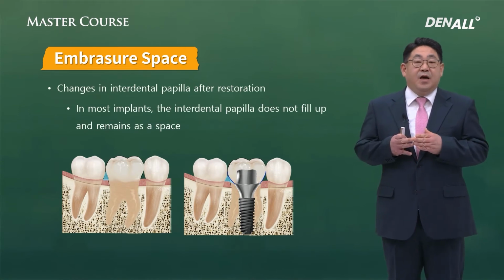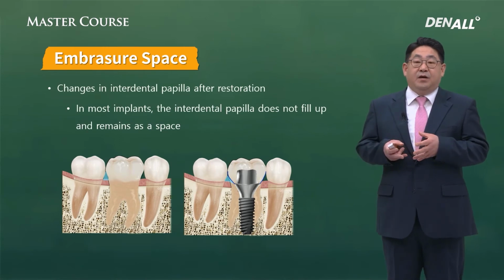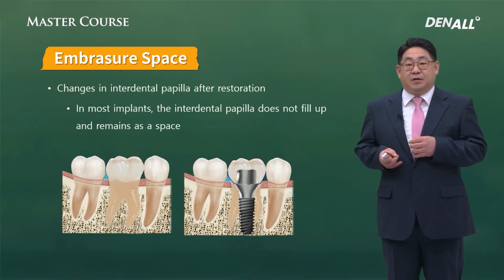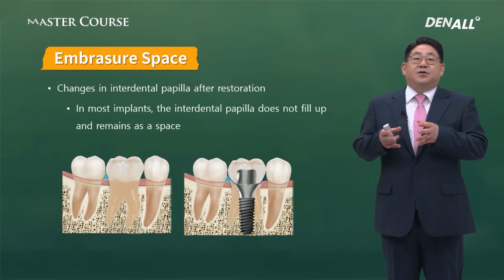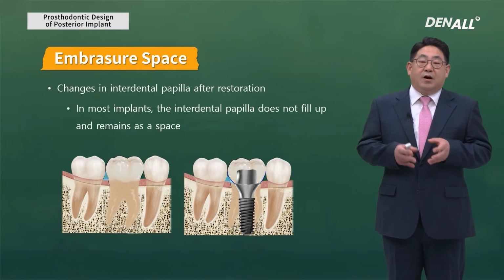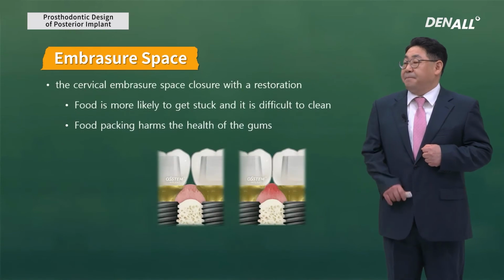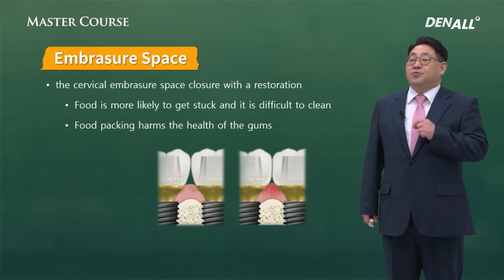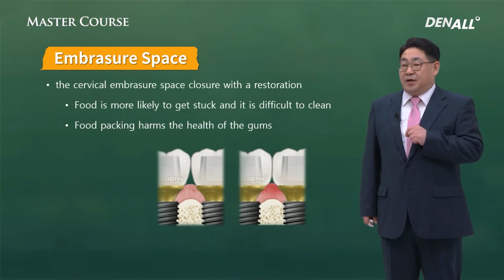However, implant has smaller diameter compared with natural tooth, therefore the triangle becomes fuller. Also, it rarely fills up with gingiva, so space maintenance is very important. Ultimately, in this area, food impaction is bound to occur and careful maintenance is imperative.